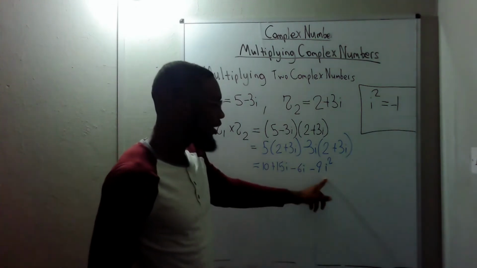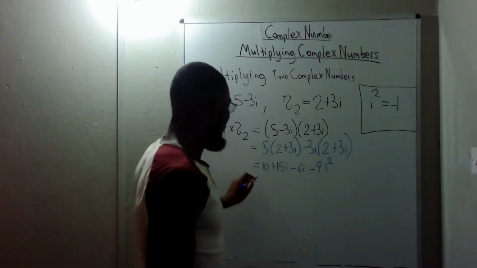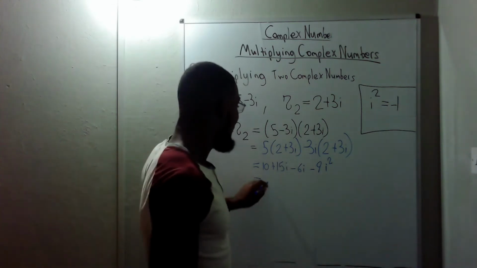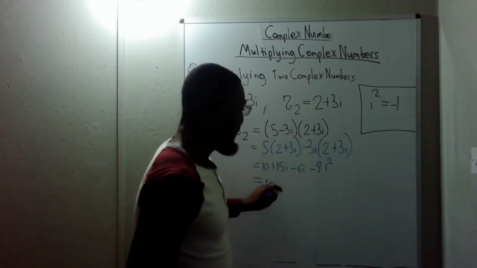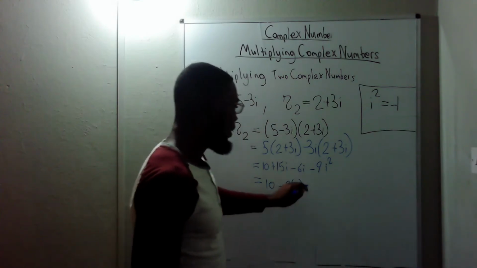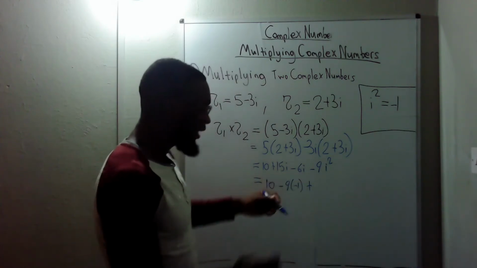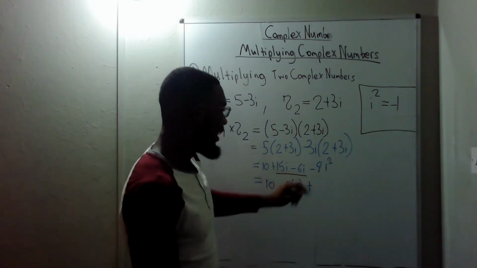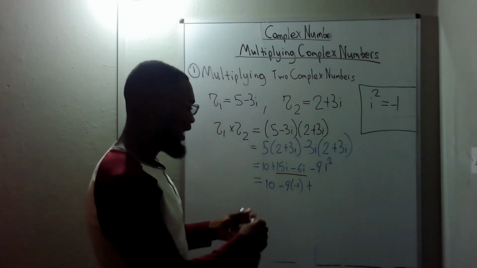So since i squared is negative 1, this is 10 minus 9 times minus 1 plus, now 15i minus 6i, that's just 9i.